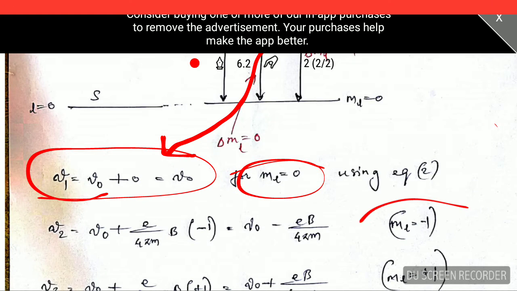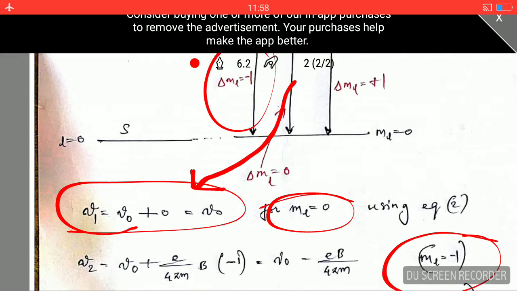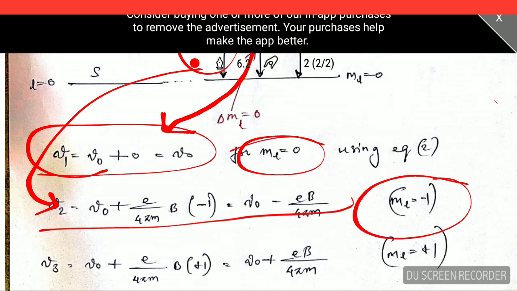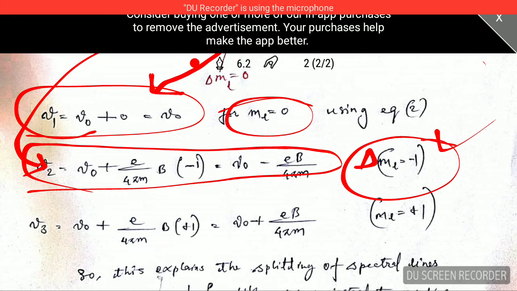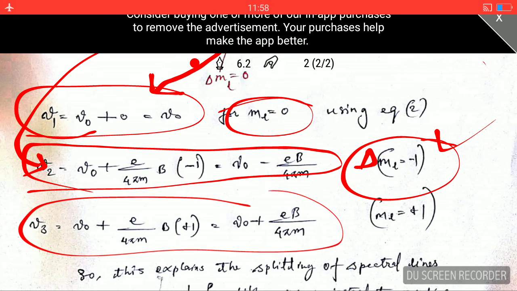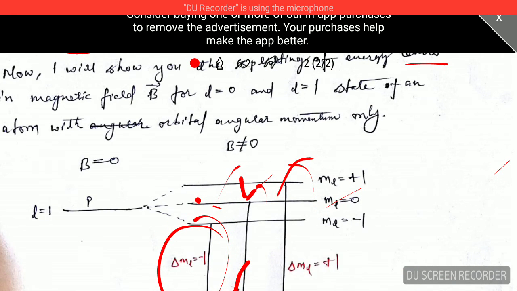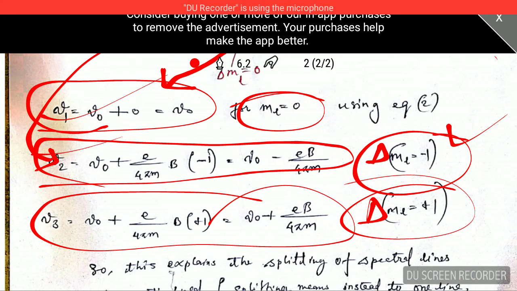For delta m_l equals minus 1, for this line you get this frequency. And this is your frequency for delta m_l equals plus 1. So there are three lines, 1, 2 and 3. So you got three different frequencies.